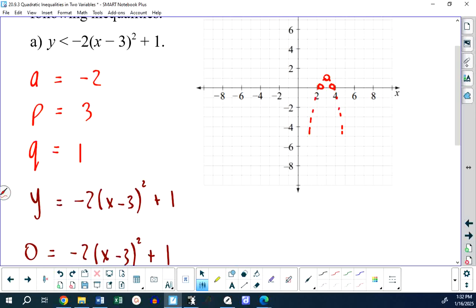It's way down there. Let's try this one with a test point. Let's take this test point. So you're putting 0 in for x and 0 in for y.